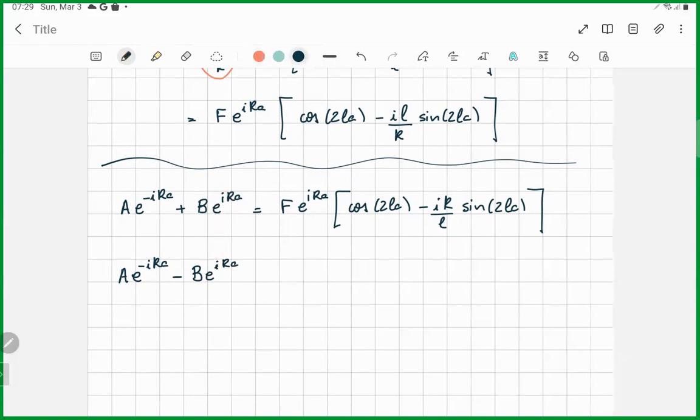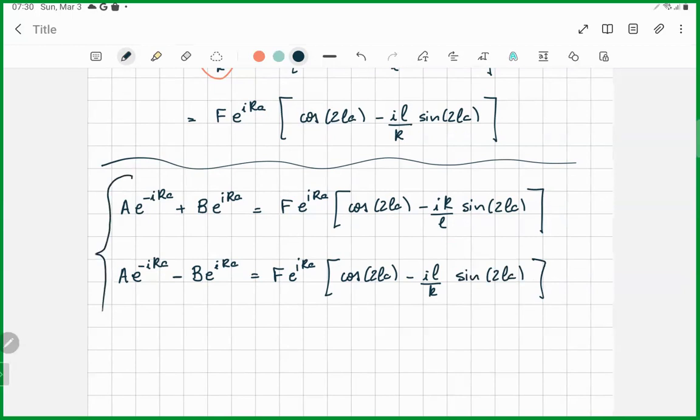Remember, we just want to have F and A. And then on the right side, we have F, IKA, and inside we had the cosine of 2LA. See how similar everything became at the end after all these manipulations. And here we have minus IL over K sine of 2LA.